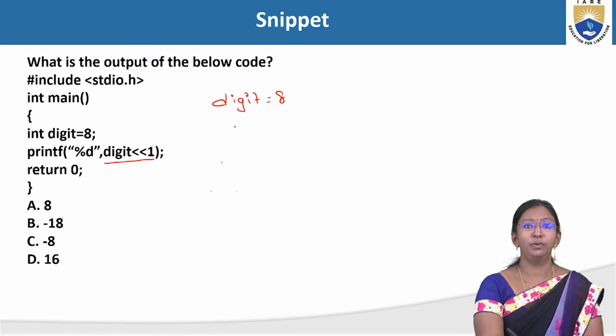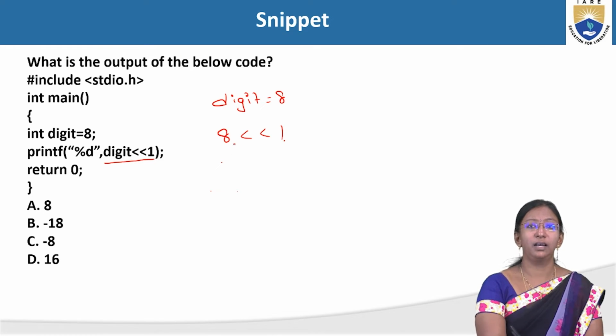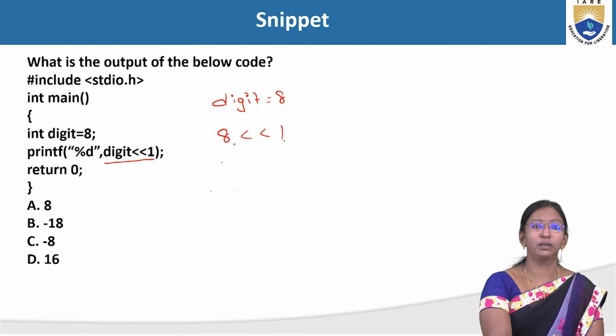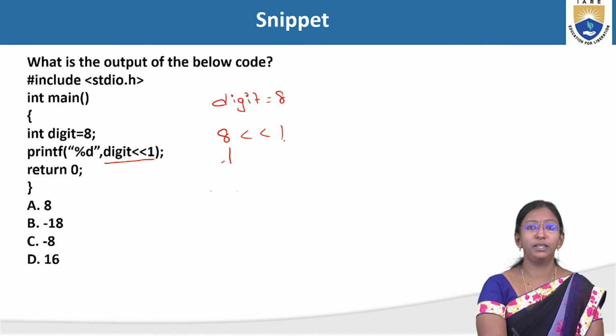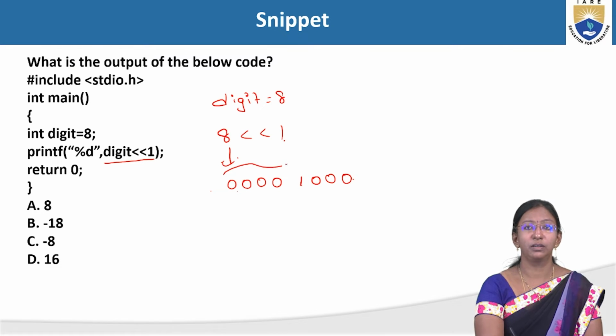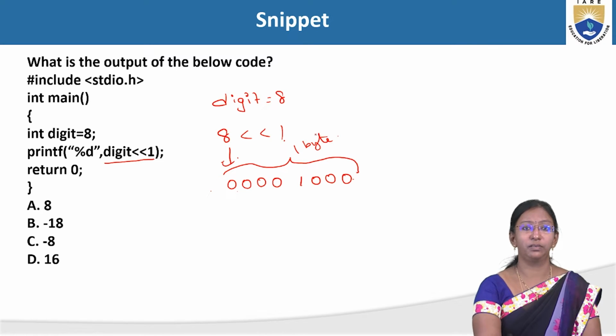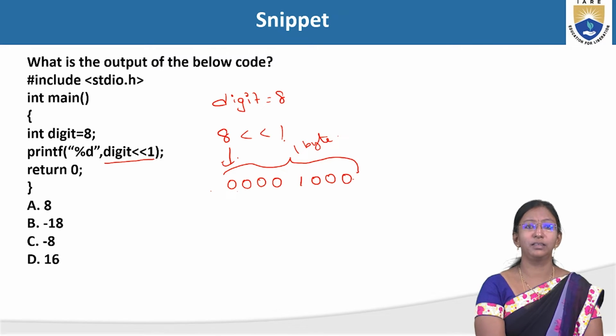So the digit 8 is supposed to get moved. As this is a bitwise operator, convert 8 into bits. So when you convert, this is 0 0 0 0 1 0 0 0, which is 1 byte, 8 bits. The first 8 bits I'm talking about. The remaining, as it is an integer, it is going to take a total of 4 bytes.